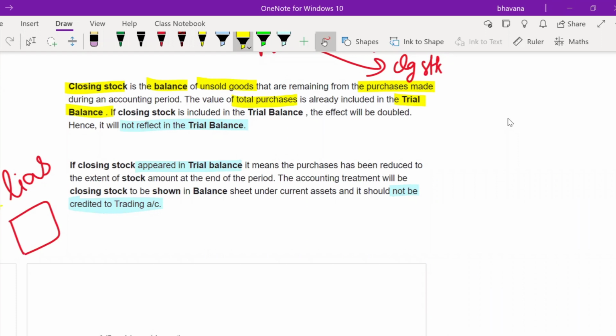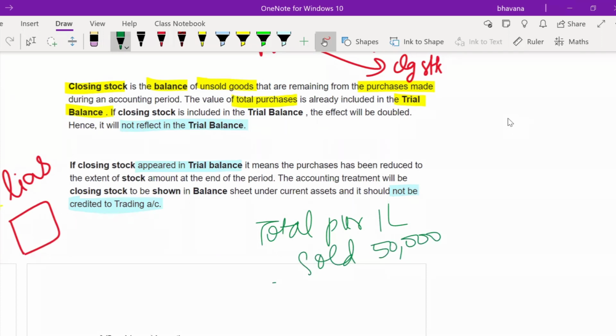Suppose total purchases are 1 lakh rupees. Now, you have sold goods worth 50,000 rupees. From this, we understand that you have a closing stock of 50,000 rupees.